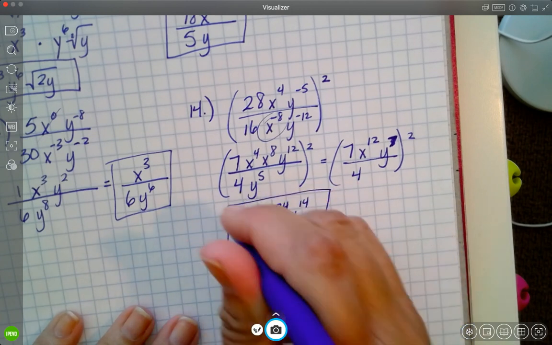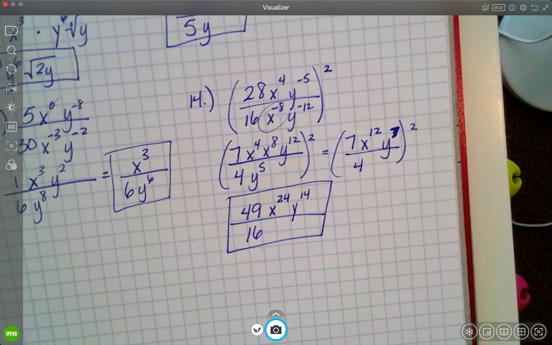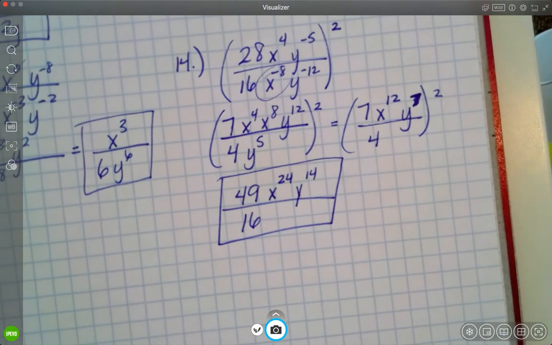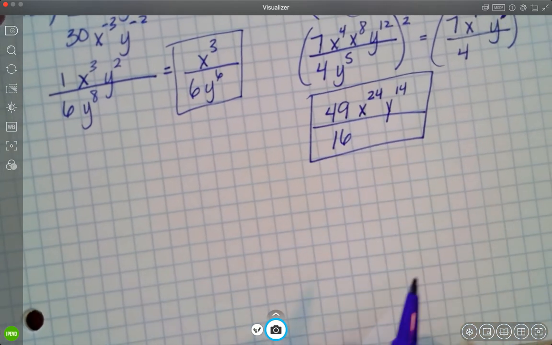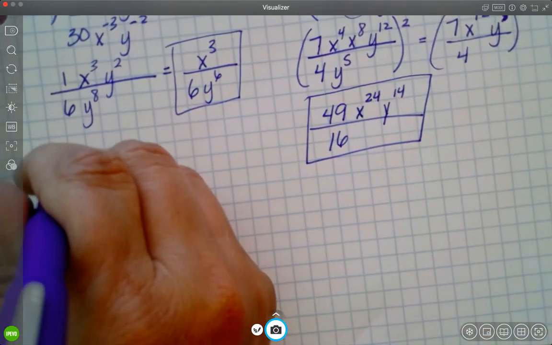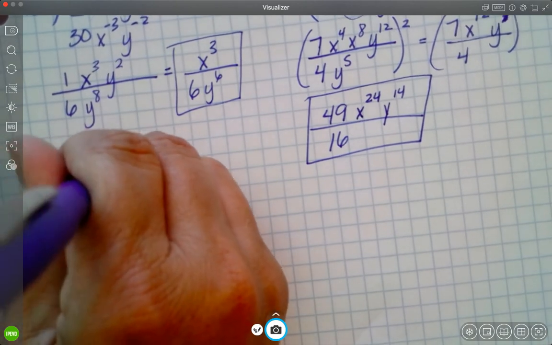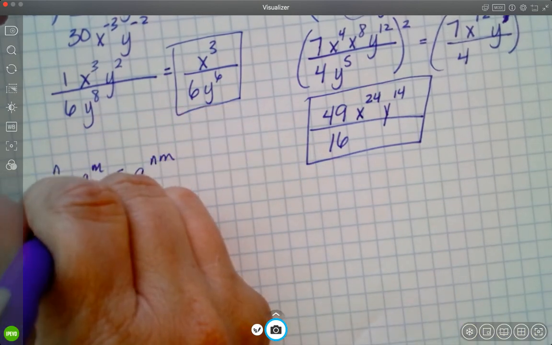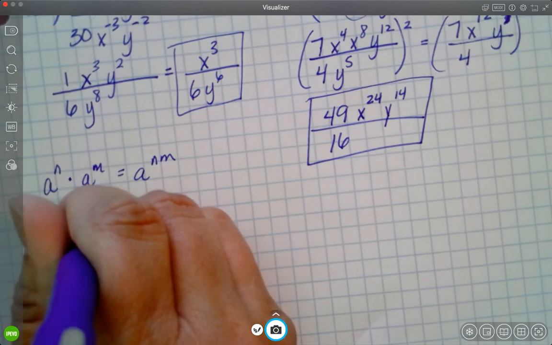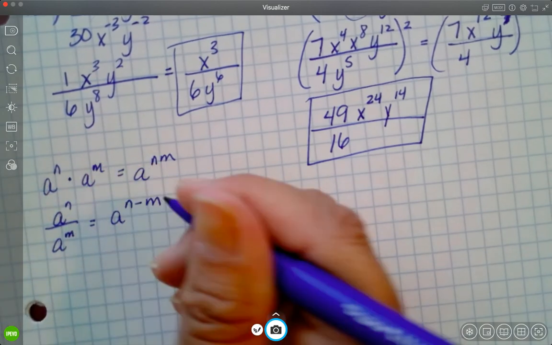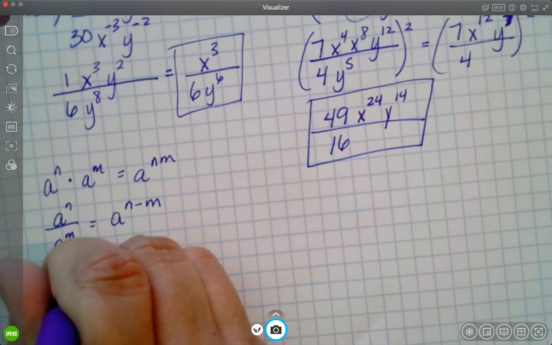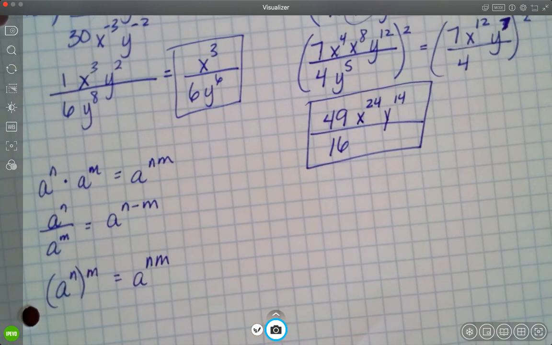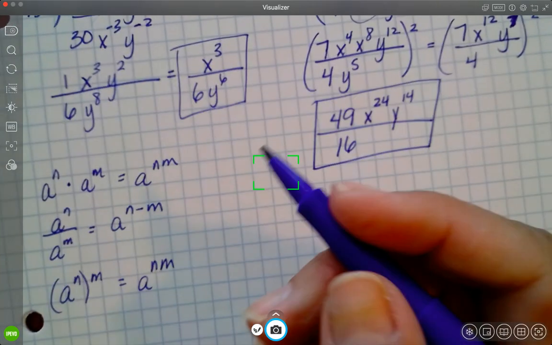Okay, so hopefully you were able to get the same answers. Those are all based on, I don't know if Mr. Jenkins shared these rules with you, but you need to know all of these exponent rules. Like a to the n times a to the m equals a to the n plus m, and a to the n over a to the m equals a to the n minus m, and then a to the n, to the m equals a to the nm.